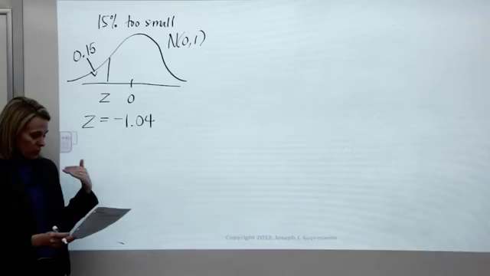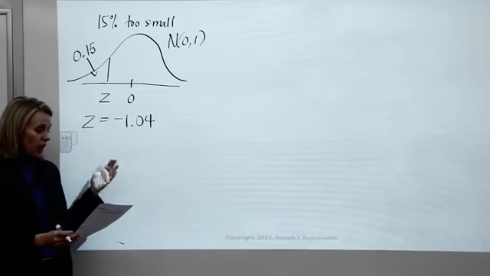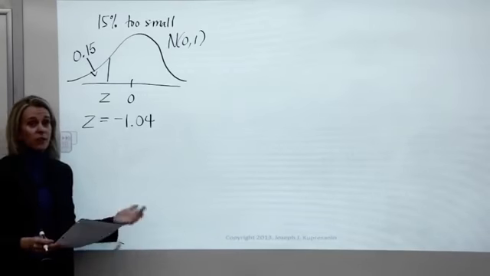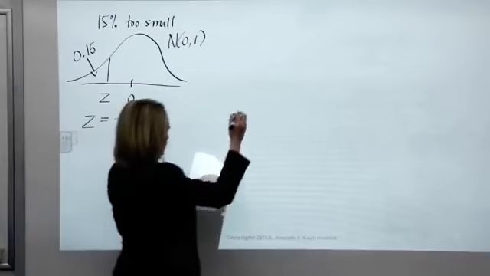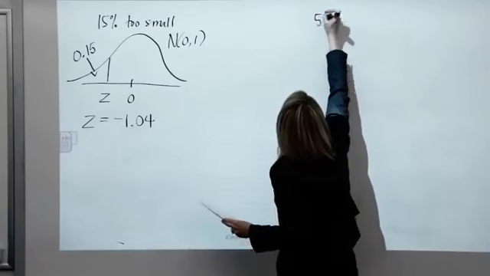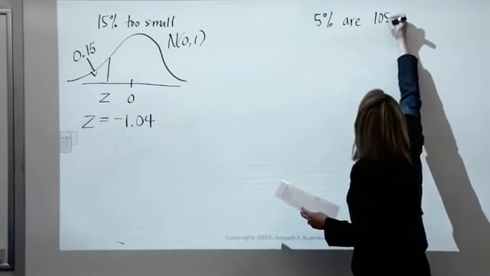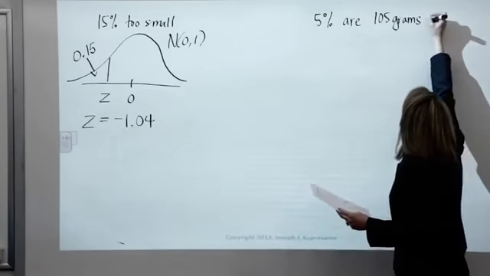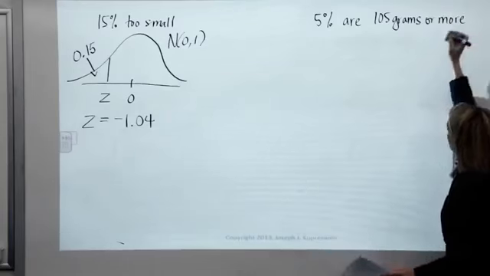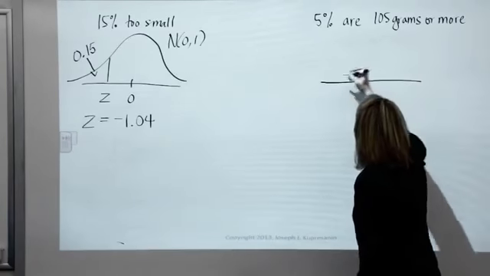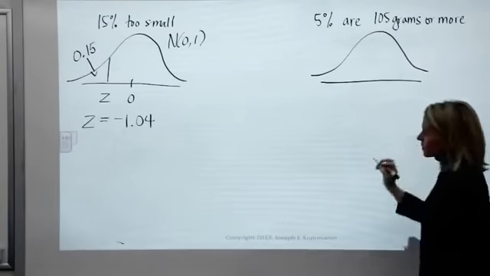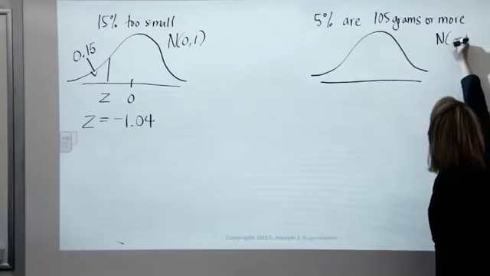Okay, the second thing that we know is that the heaviest 5% weigh at least 105 grams. So 5%, or 105 grams or more. Let's draw another picture. Again, we're still going to stick with the standard normal model for now.